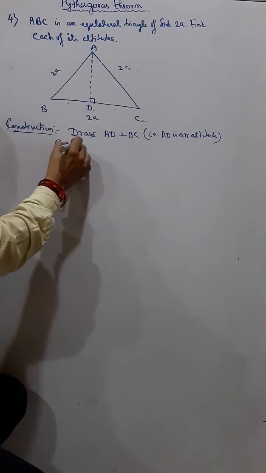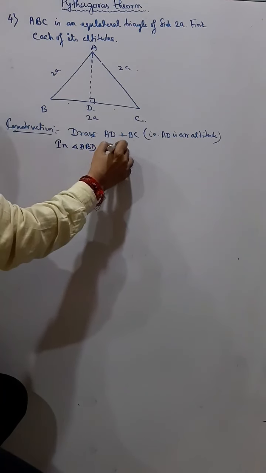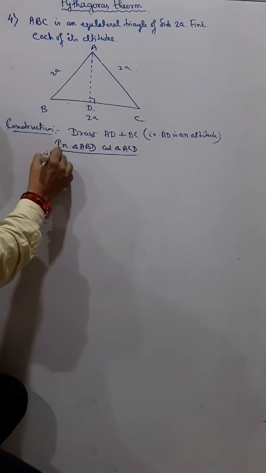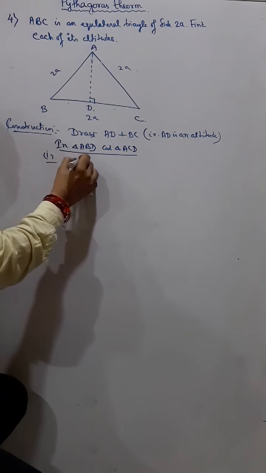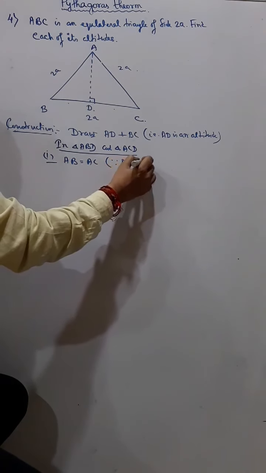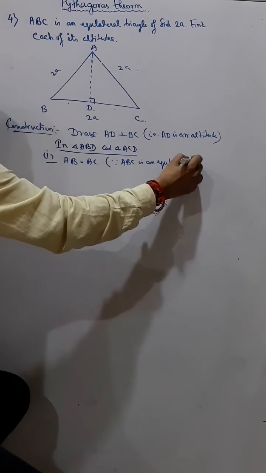We can start like this: in triangle ABD and triangle ACD, number 1, AB equals AC, since ABC is an equilateral triangle.